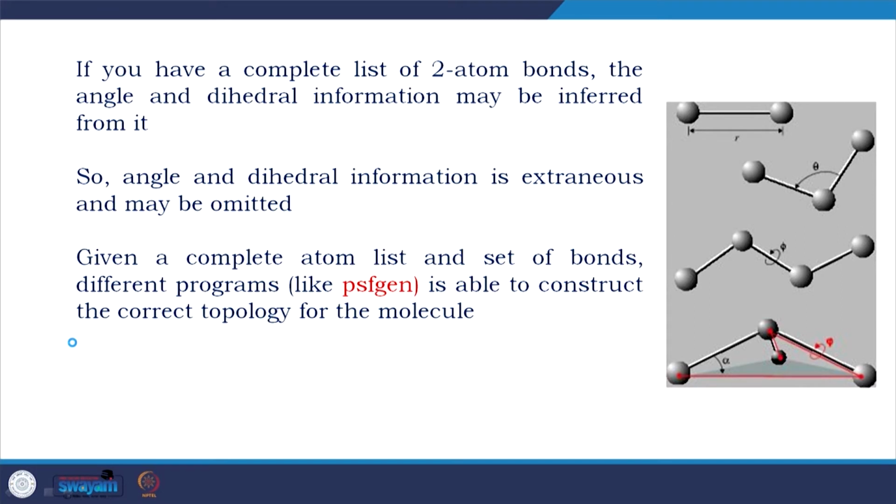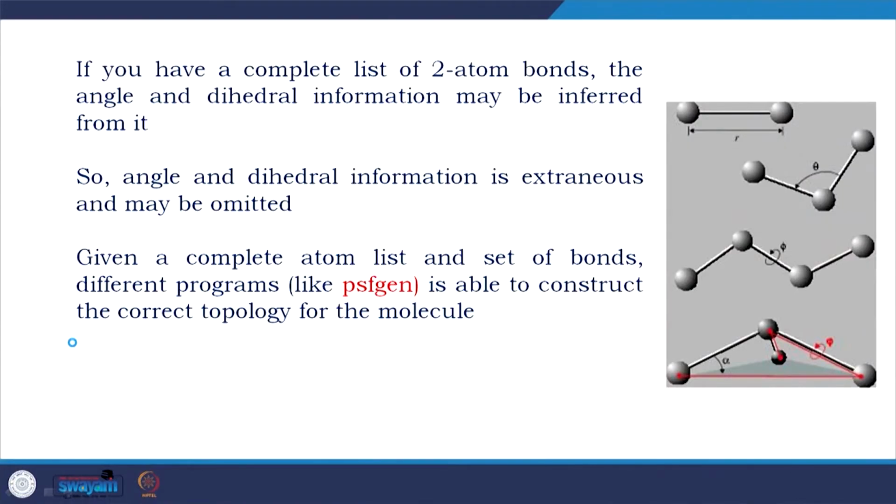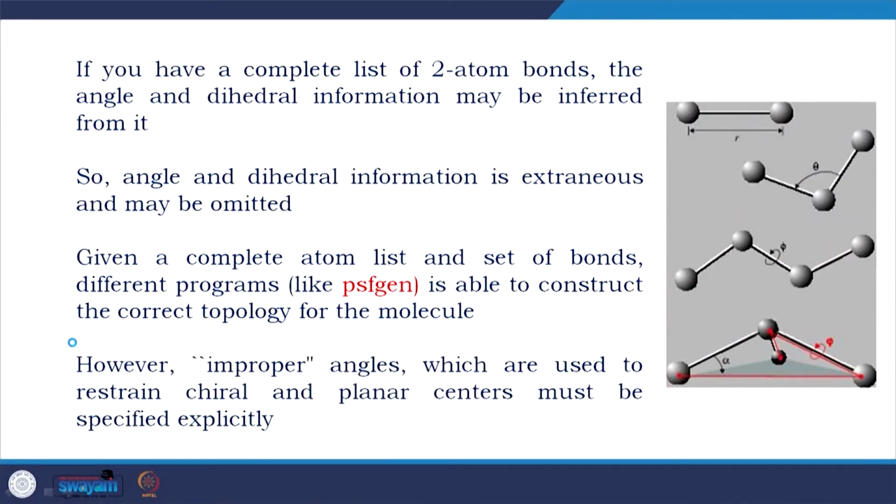Given a complete atom list and set of bonds, programs like PSFGen, which is a program from one simulation package, NAMD, are able to construct the correct topology for the molecule.